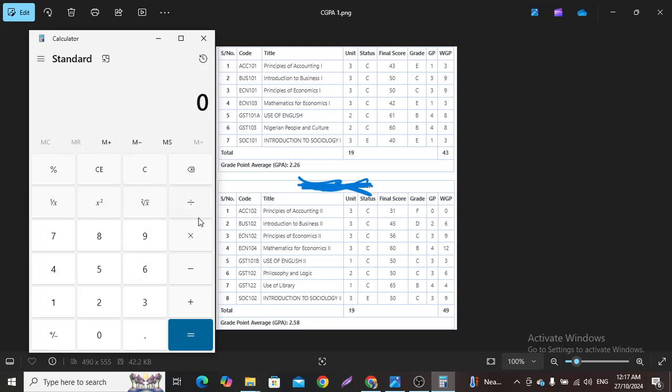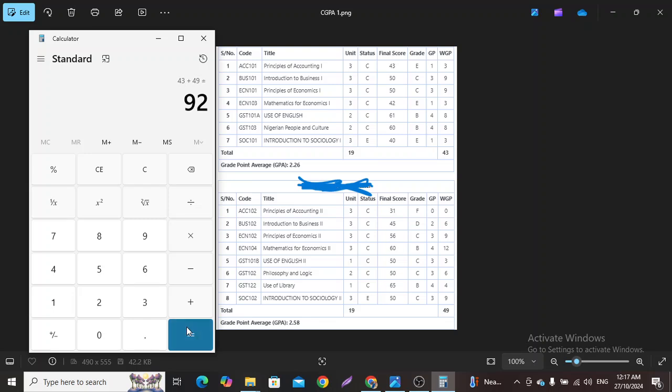Then for the session CGPA, what you do is add up the total units registered in first and second semester together, which is 19 plus 19. That will give you 38. You note that down somewhere. Then you add the total weighted grade point in first semester, which is 43, with that in second semester, which is 49.